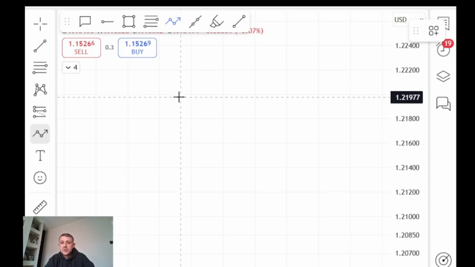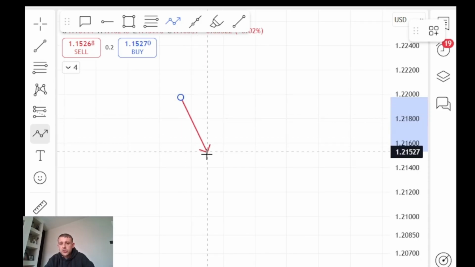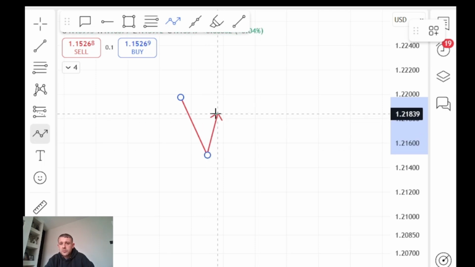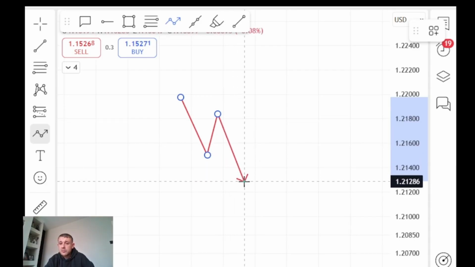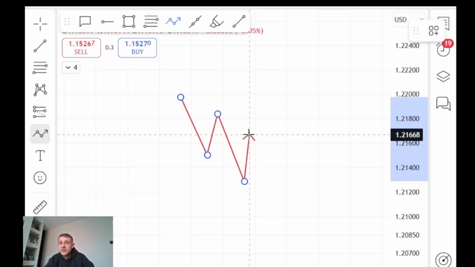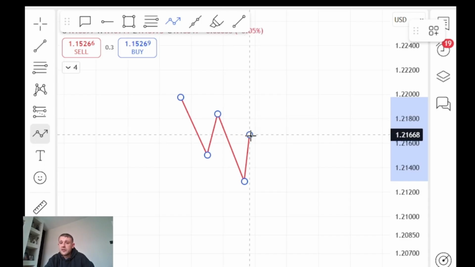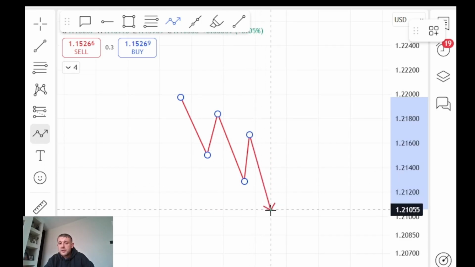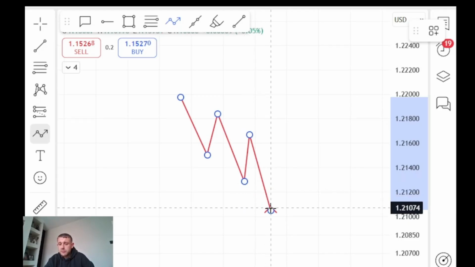So we've got a lower low, lower high. This next low comes lower than the previous low, lower low. It makes a lower high, which is still lower than the previous one. And we make a lower low, which is lower than the previous lower low.